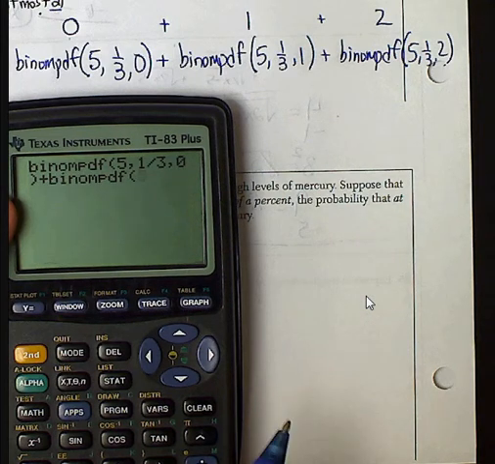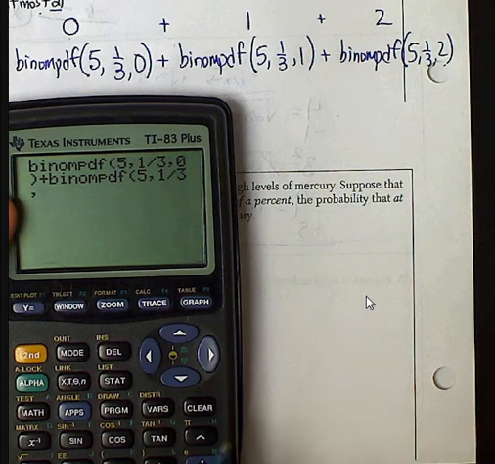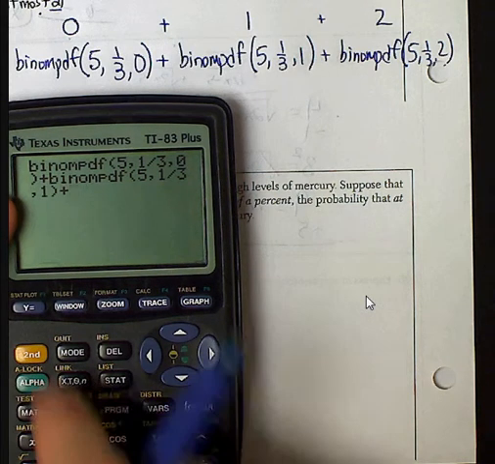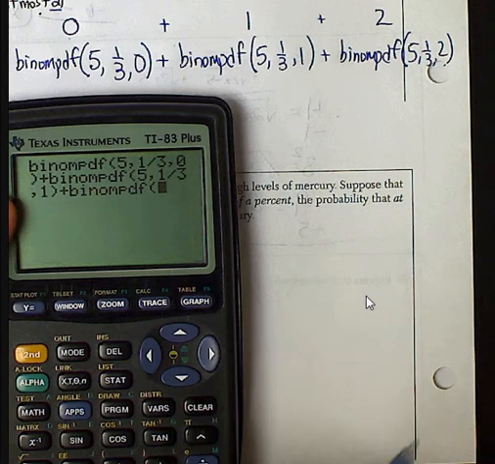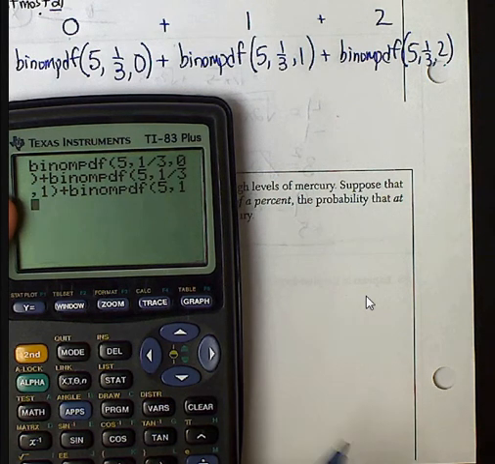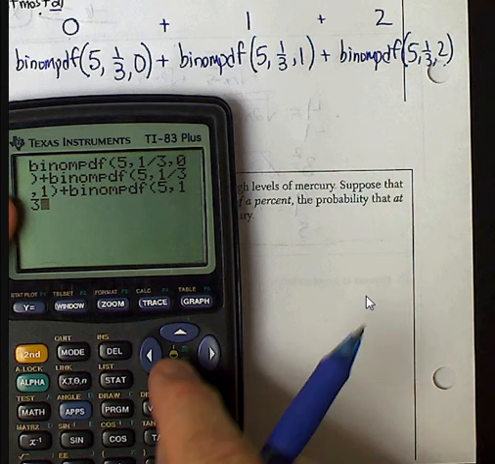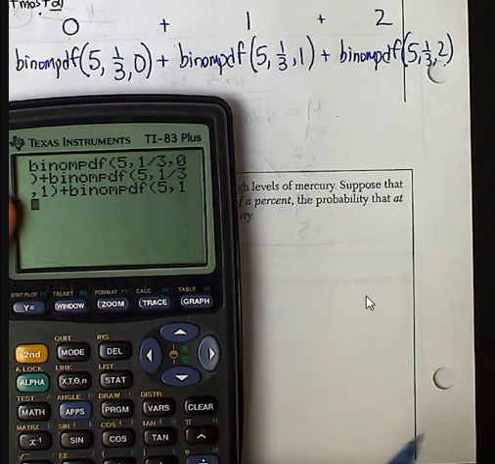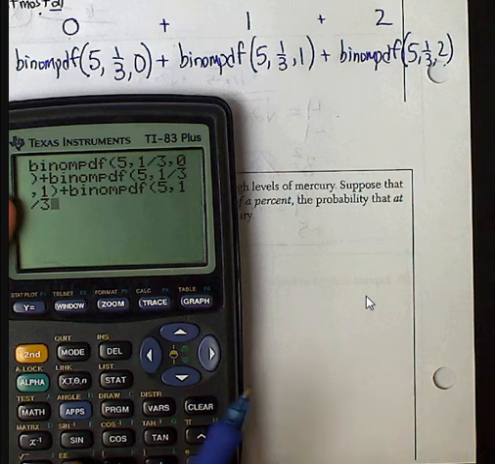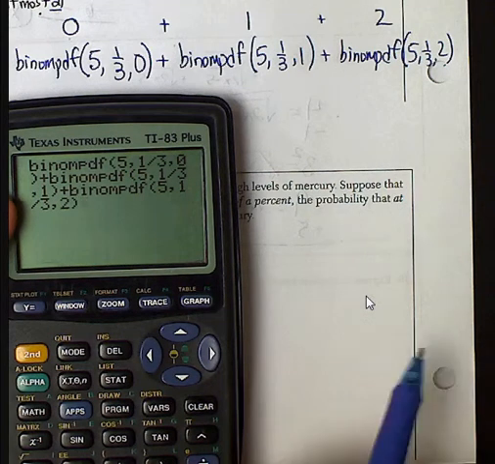On my calculator it is 5, comma 1/3, comma 1, and plus second, vars 0, 5, comma 1/3, comma 2. Just be careful as you type it in.